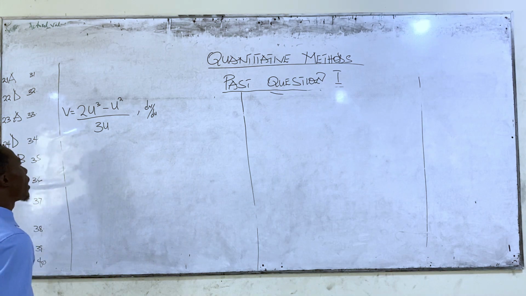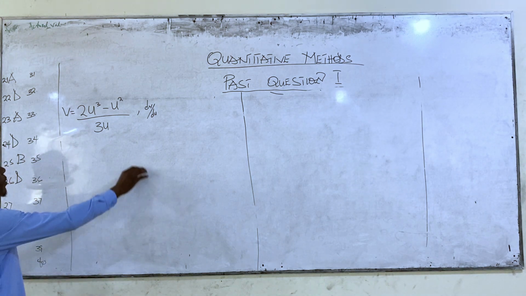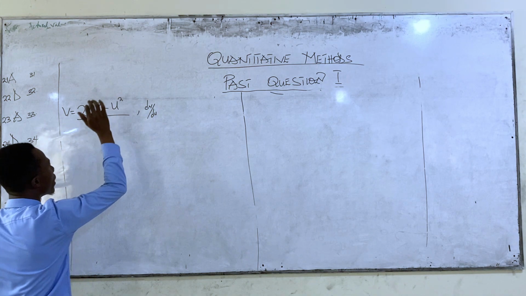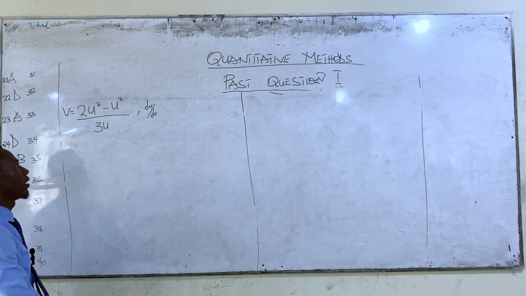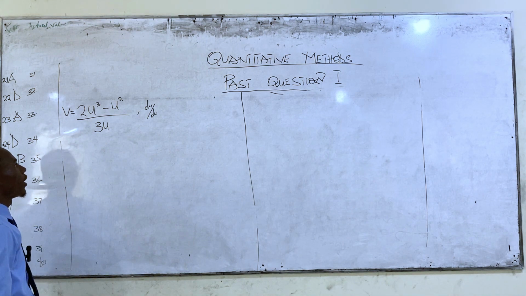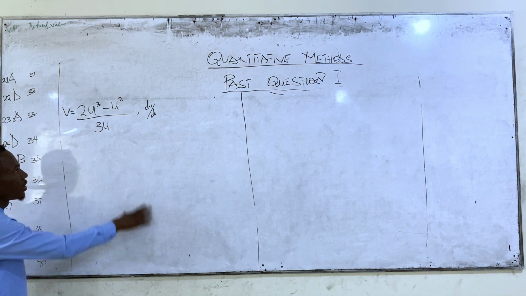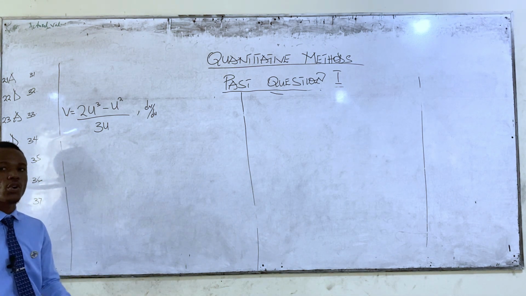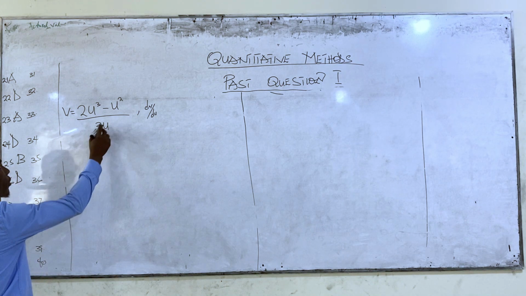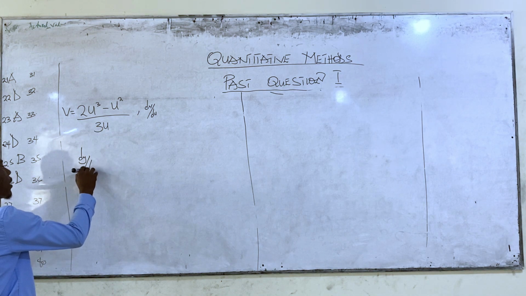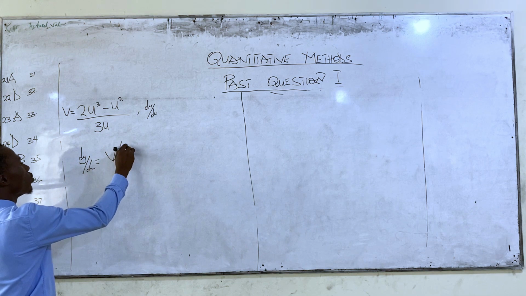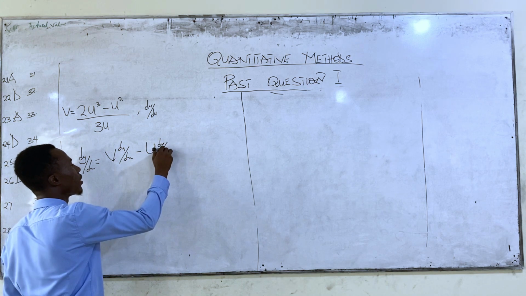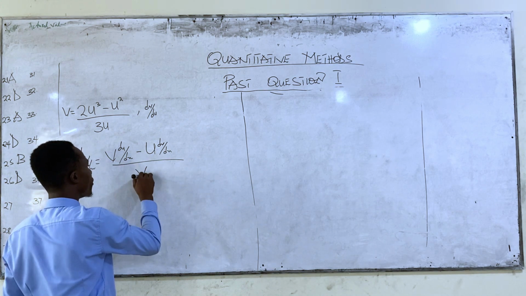Initially, they are represented by x, so that we just know here is our u, here is our v, then we solve for it. But right now they have changed it to this format. So we can change them to suit our formula, because we know the formula for the quotient rule: dy dx is equal to v du dx minus u dv dx all over v squared.